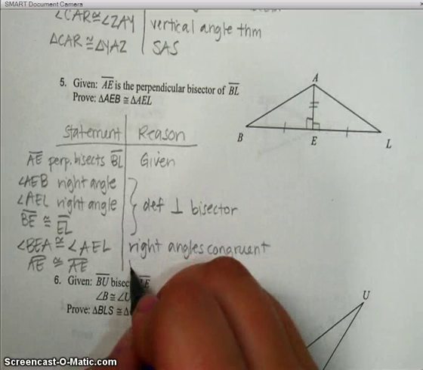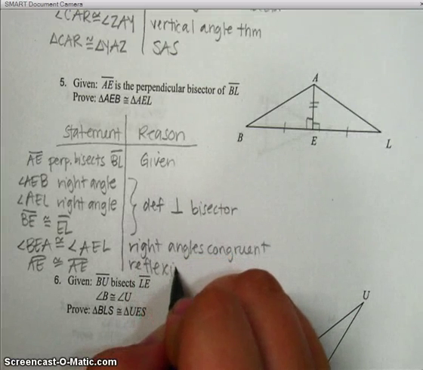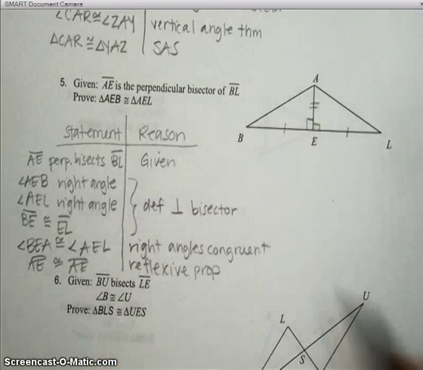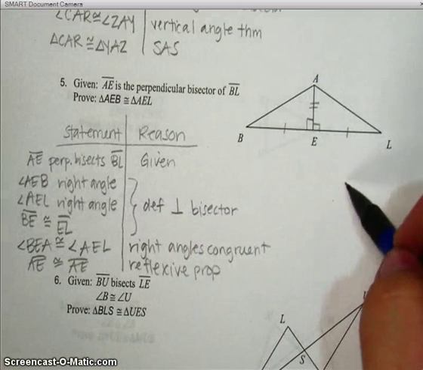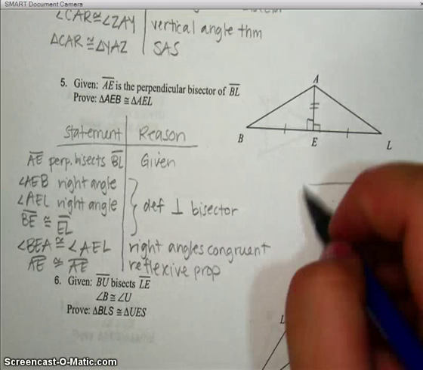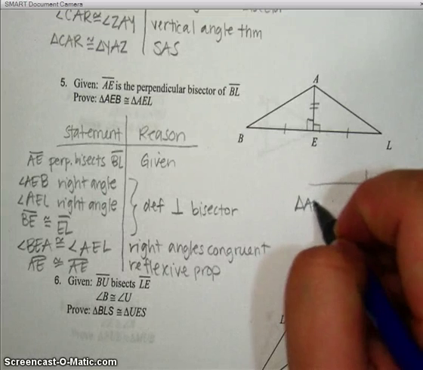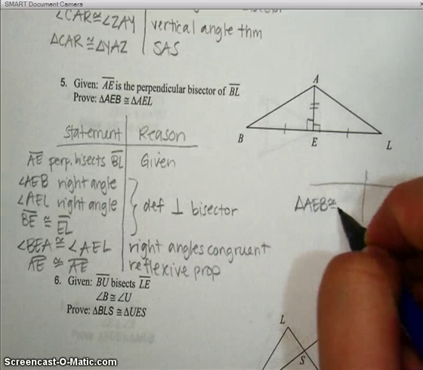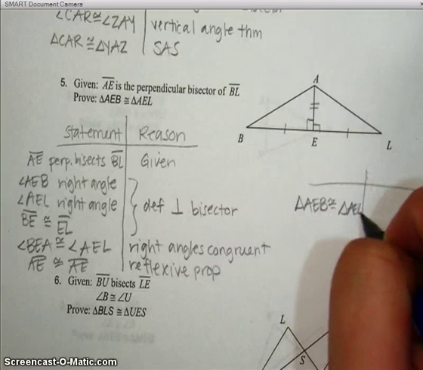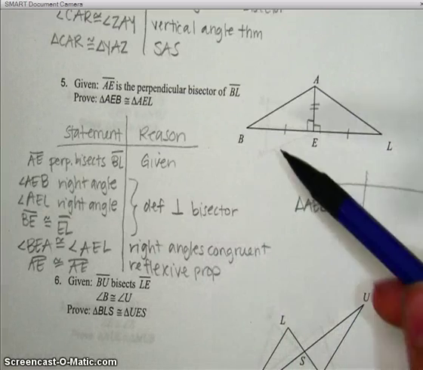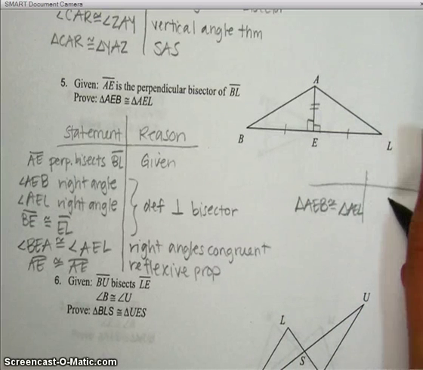And that is the reflexive property. So I'm going to come over here to finish out our two columns. So then we can say triangle AEB is congruent to triangle AEL. We know that from side, angle, side.